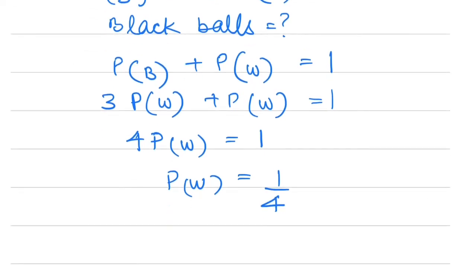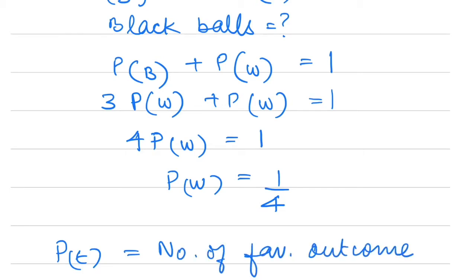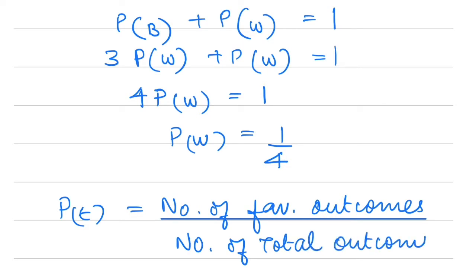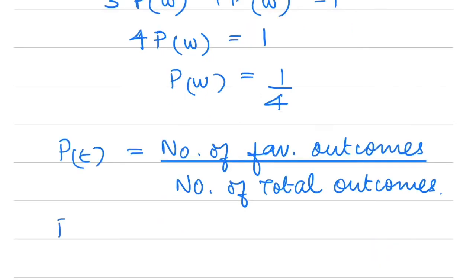Now let's write down the formula of probability of an event is equal to number of favorable outcomes by number of total outcomes. Probability of getting white balls is equal to number of white balls, those are 15, by total balls.